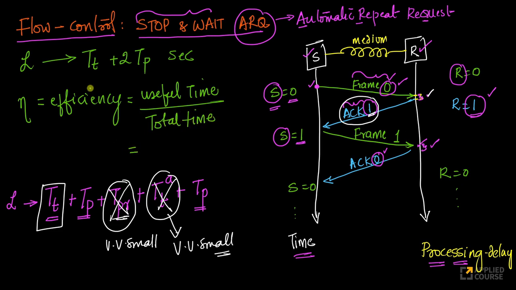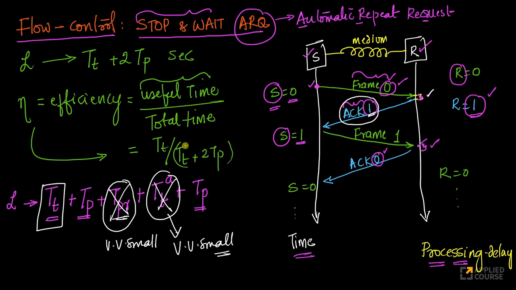In simple terms, it is the time we took to actually transmit this frame onto the wire, so it is the transmission time of the data frame by the total time. What is my total time now? TT plus 2TP. Useful time here basically means the time it took the source to place the whole frame on the wire, by the total time. Again, this is what is called efficiency, right?